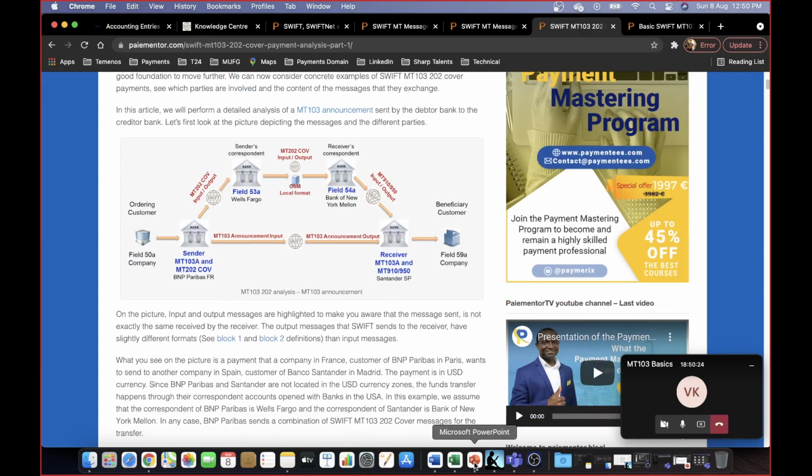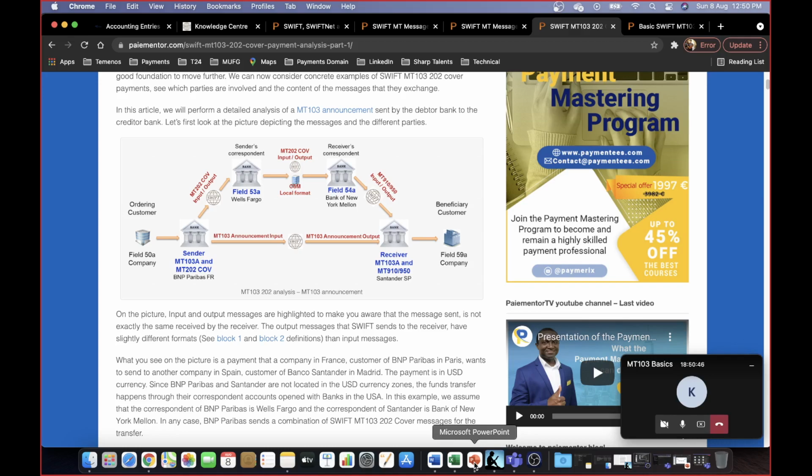Hi Santosh. Got one doubt. Sure. In the serial method, for example, HDFC Bank India wants to transfer funds to JP Morgan, but they don't have an account relationship, so they are transferring the funds via SCB US.